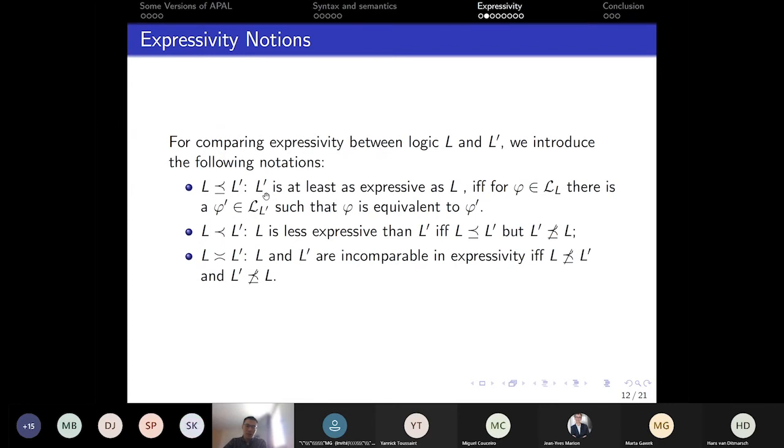We see that a logic L prime is at least as expressive as a logic L if and only if for any L formula phi there is an L prime formula phi prime such that phi is equivalent to phi prime. And in this way, we can also define L is less expressive than L prime, and L and L prime are incomparable in expressivity. And here are their notations.